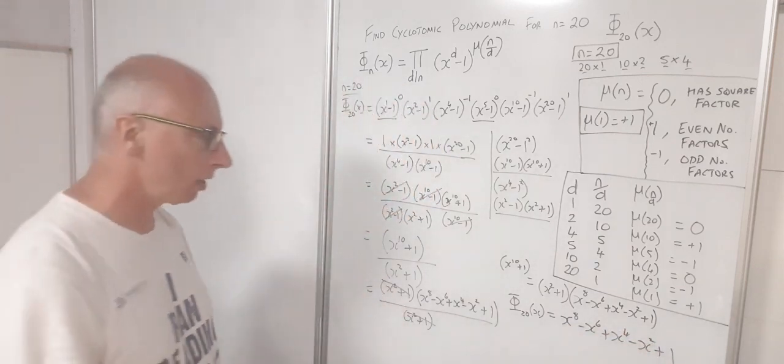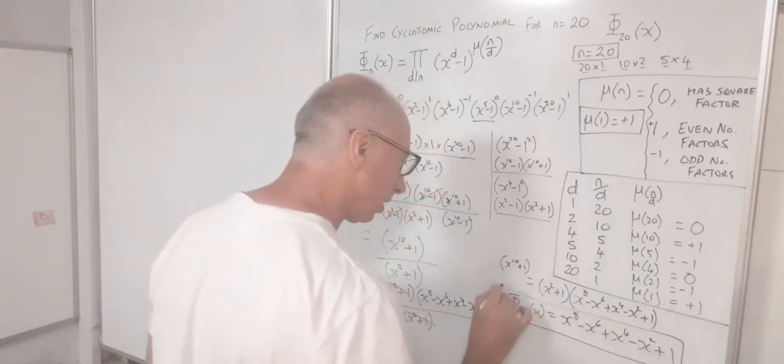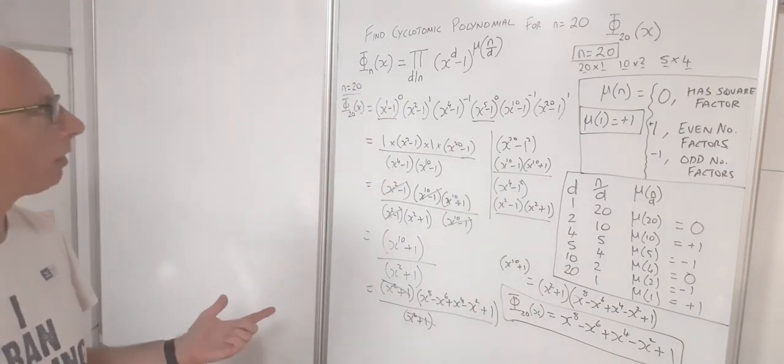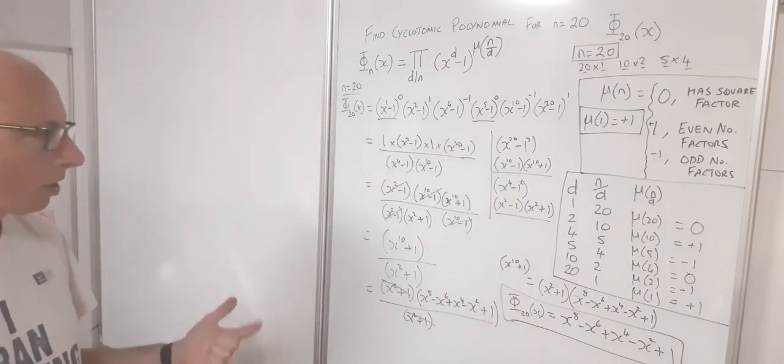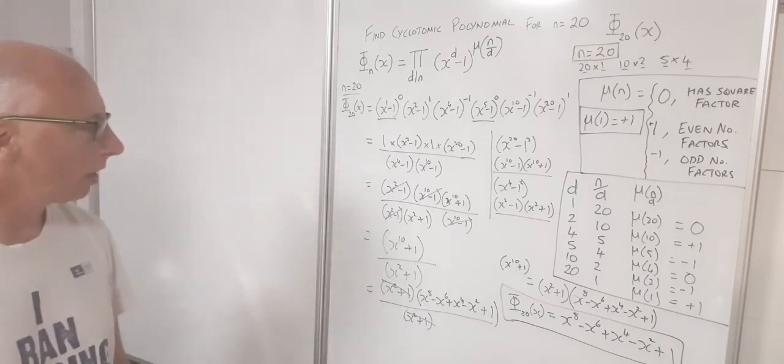And that is my 20th cyclotomic polynomial. And I'm using the Mobius function, and how nice is that. That's really helpful. Rather than trying to factor out some big polynomials, this was a nice little way to do it. Okay.